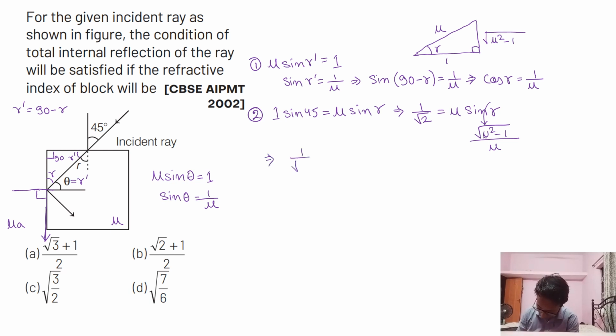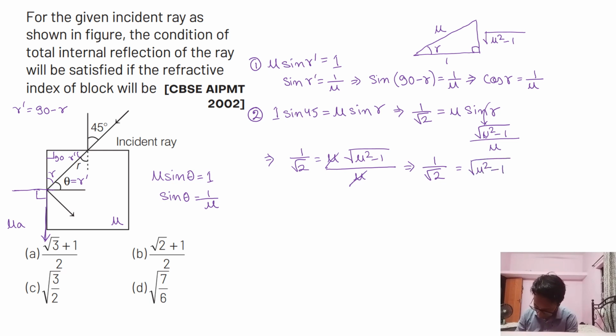So can I say 1 by root 2 is equal to mu into under root mu square minus 1 divided by mu. This mu and this mu will get cancelled, so 1 by root 2 is equal to under root of mu square minus 1.